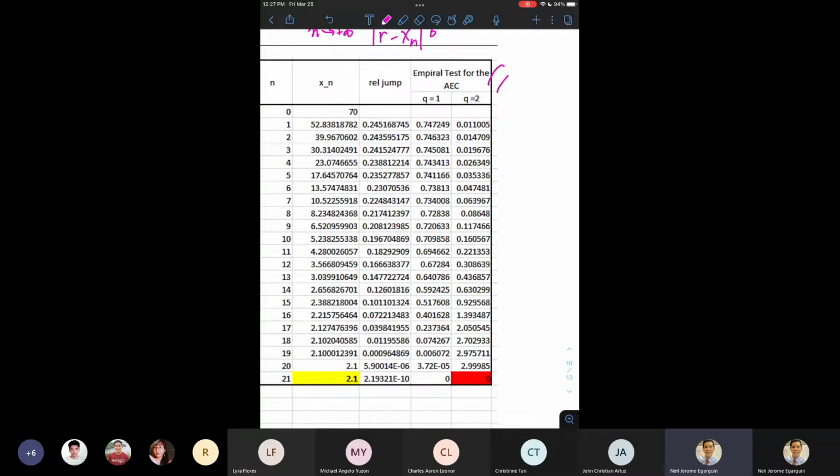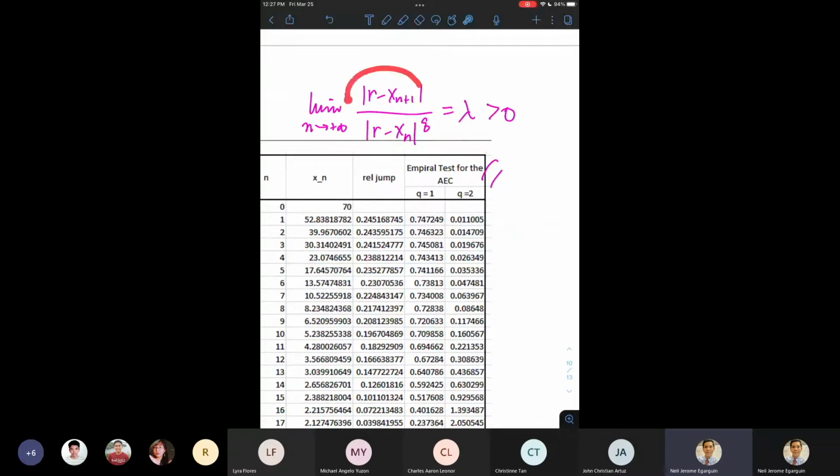Bakit siya nag-zero? Ibig sabihin, mas mabilis nag-zero yung numerator kesa dun sa denominator. Alright? So that means kulang yung power na 1 sa denominator para ma-offset yung bilis ng pagbabago ng numerator. That's why we know that nag-zero yung asymptotic error constant. So ibig sabihin, kulang yung Q na nilagay ko sa baba.